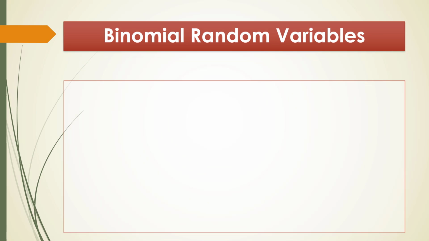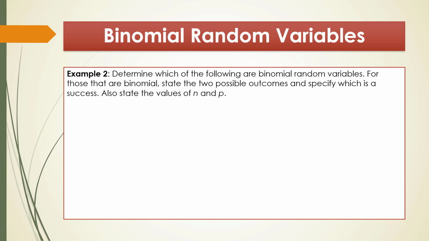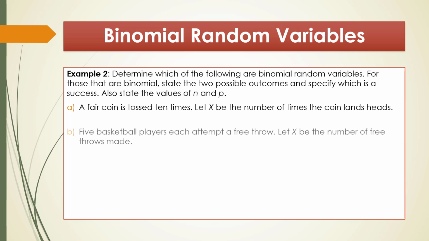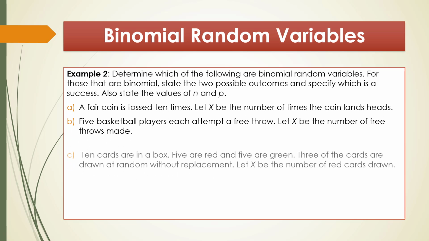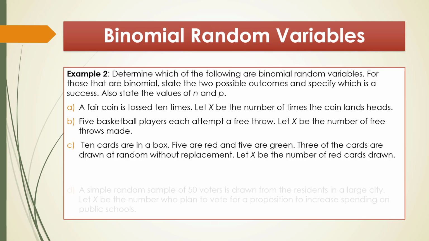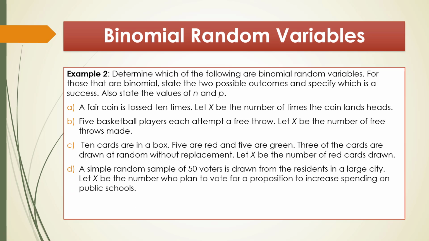So now let's do some practice. Example 2. Determine which of the following are binomial random variables. For those that are binomial, state the 2 possible outcomes and specify which is a success. Also state the values of n and p. Here you are given 4 situations. A, a fake coin is tossed 10 times. Let X be the number of times the coin lands heads. B, 5 basketball players each attempt a free throw.